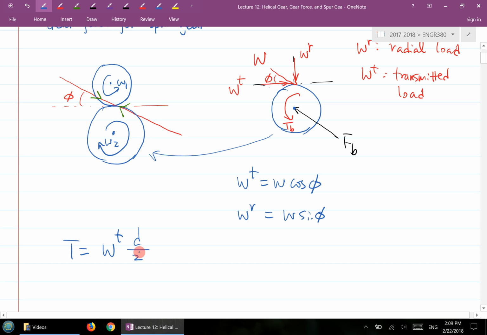So if this is D here, that is the amount of torque generated by WT. The TB is the reaction torque, trying to balance this.